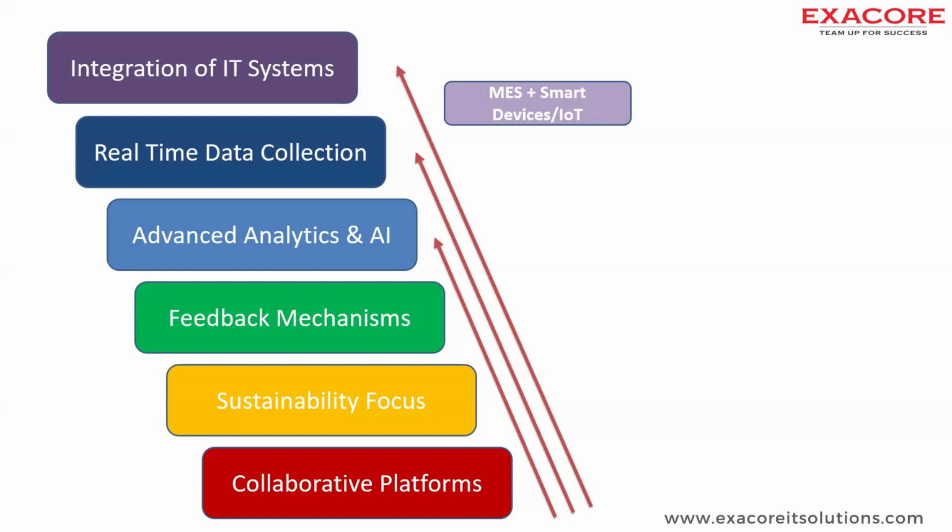IoT and smart devices can monitor and report on machinery, environmental conditions, and product quality in real time. Data interpretation and insights can help organizations arrive at trends from the collected information. Ensuring a seamless integration between ERP, MES, and other systems will help provide a comprehensive view of the manufacturing process.